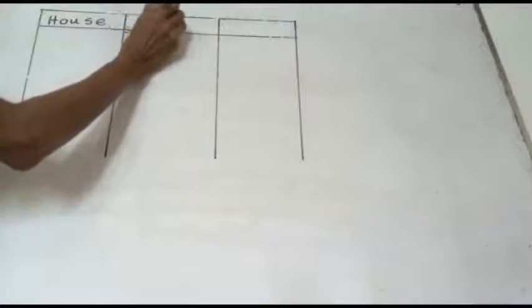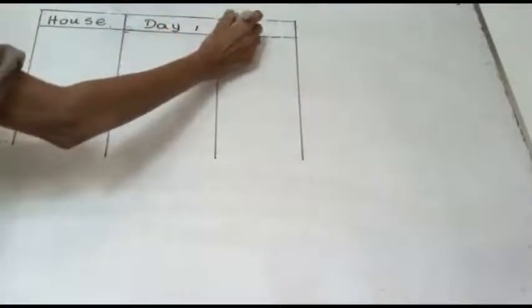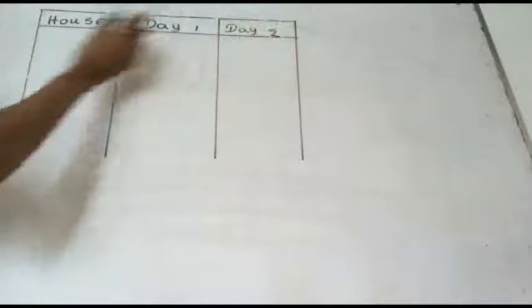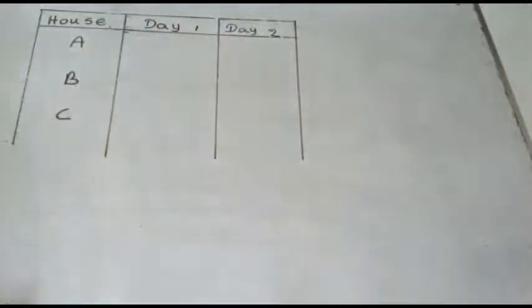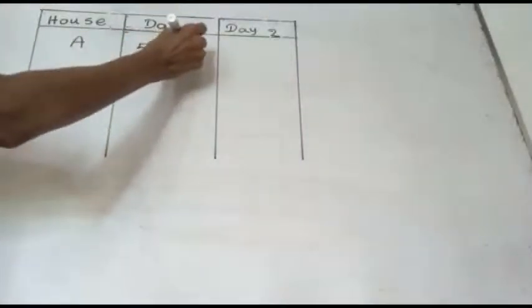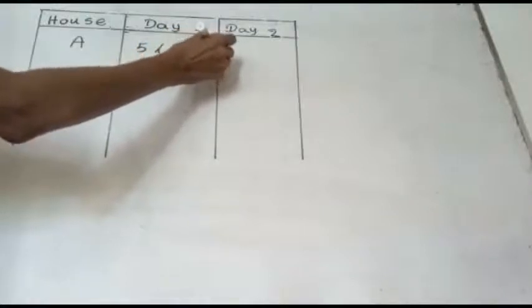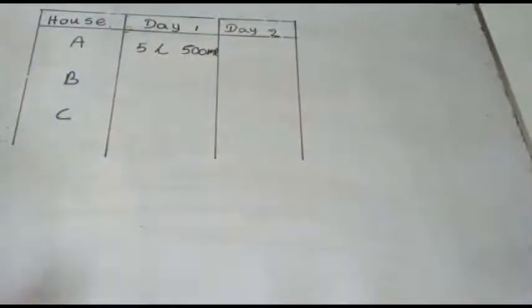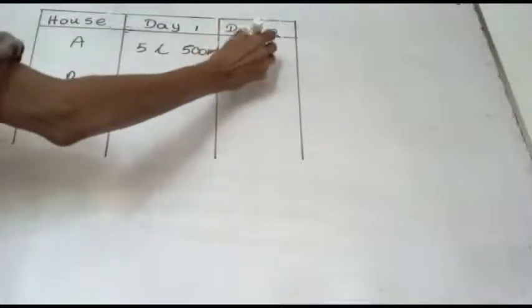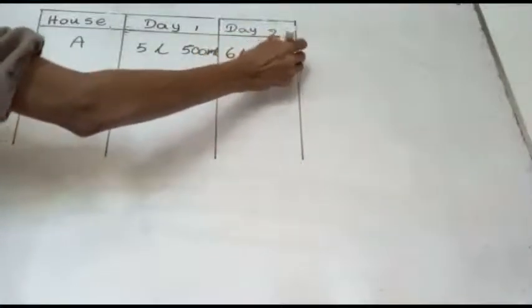This is day 1, day 2, House A, B and C. Quantity of milk collected by a milk collector from House A in day 1 is 5 liters and 500 milliliters. Day 2, 6 liters and 250 milliliters.